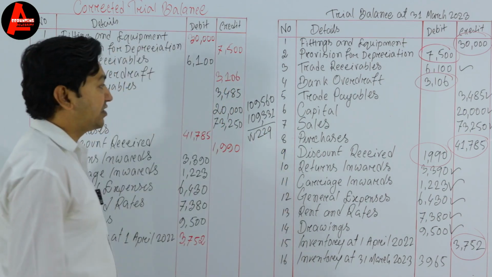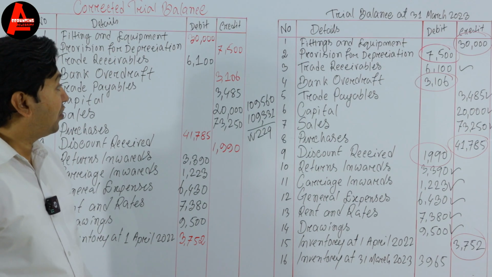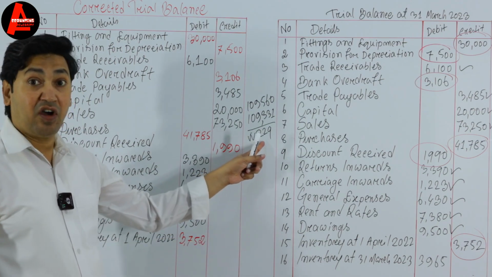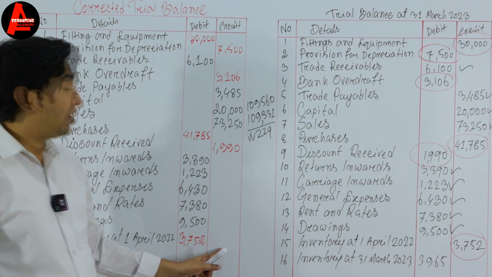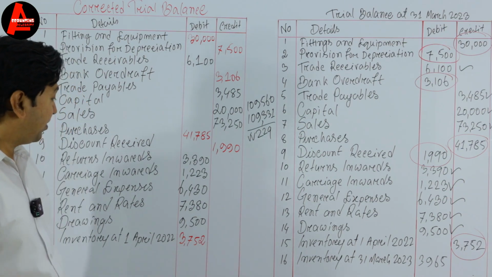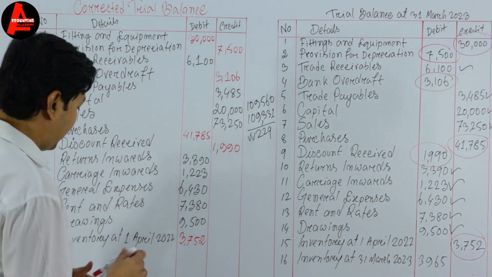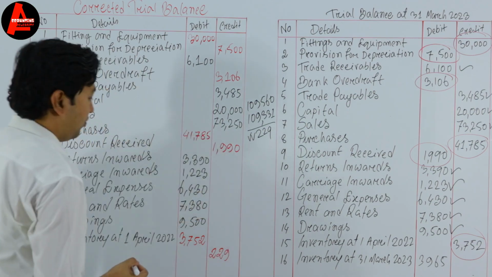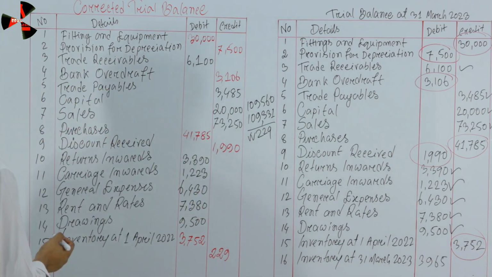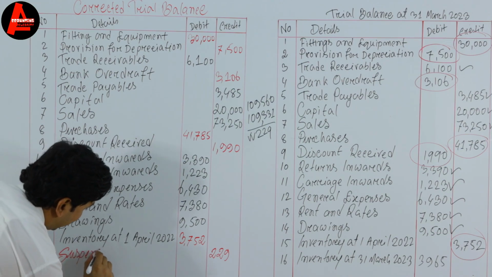Okay, so this is the difference between the debit and credit columns. Okay, so this amount we will write on the lower column. Okay, so this column is lower, the credit column, so this money will be written on the credit side. Okay, so let us write here 229. We will write this amount as suspense, so we will write here suspense account.